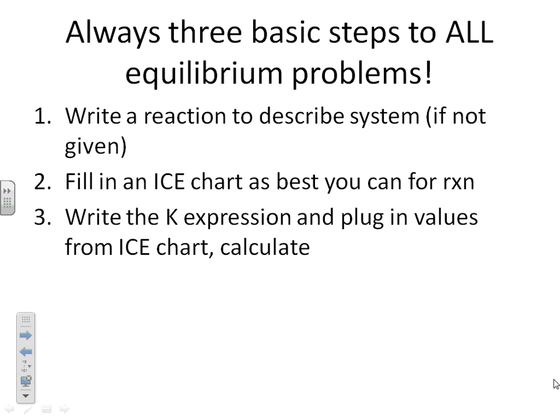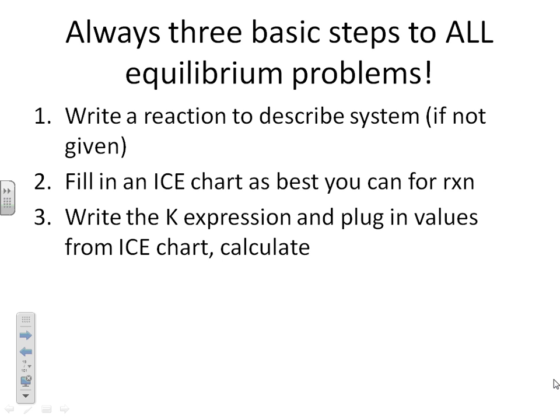Number 1, write a reaction unless it's given to you. If it's not given to you, then you've got to figure out what reaction is going on. This is where it's going to be maybe a neutralization reaction if it's an acid-base titration. If it's just an acid, it's acid dissociation. If it's just a base, it's base dissociation. If it's just that solid, it's a KSP dissociation reaction.